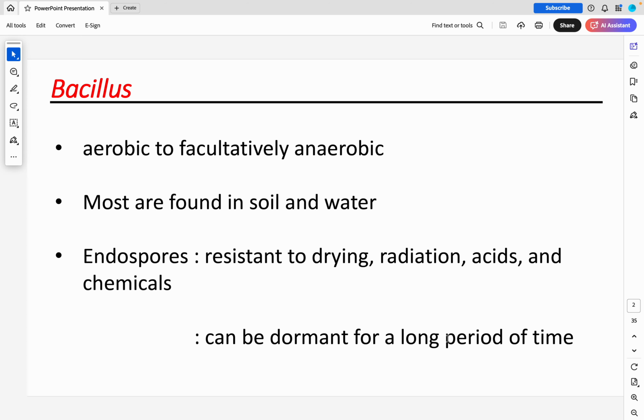Endospores can be dormant for really long periods of time.